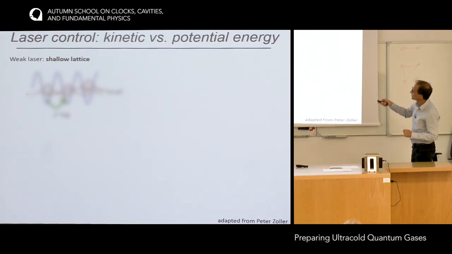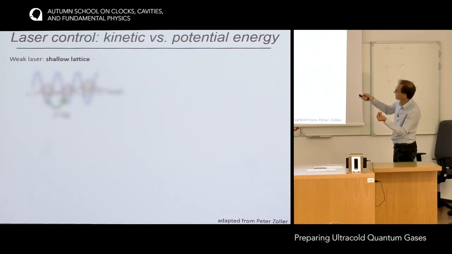So here for a shallow lattice, the wave function on each site is quite spread out. The barrier between two lattice sites is tiny, so we have big tunneling, easy tunneling between lattice sites. On the other hand, because the harmonic oscillator ground-state wave function, so to say, is large, there's little interaction between these two atoms.